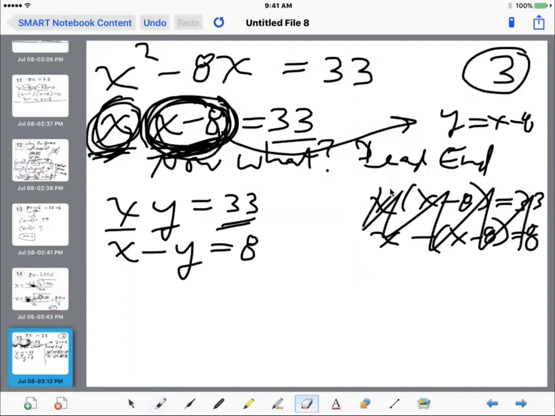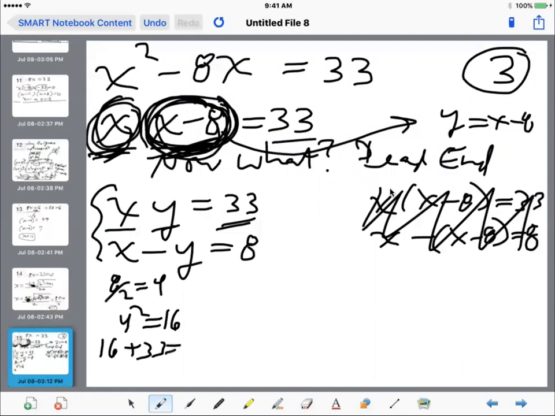But look what I have now. I have the scenario I just taught you, where you take the 8 and divide by 2. You square it. You add it to the 33. We add it because when there's a minus here, we add it. We take the square root of 49 equals 7.